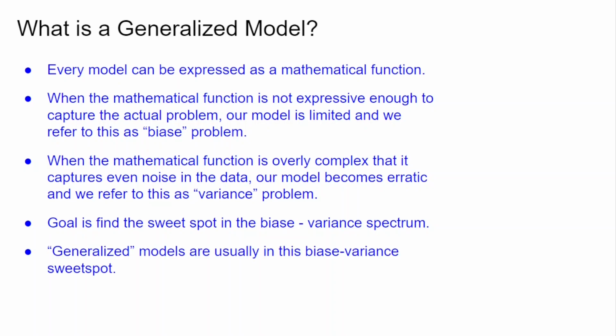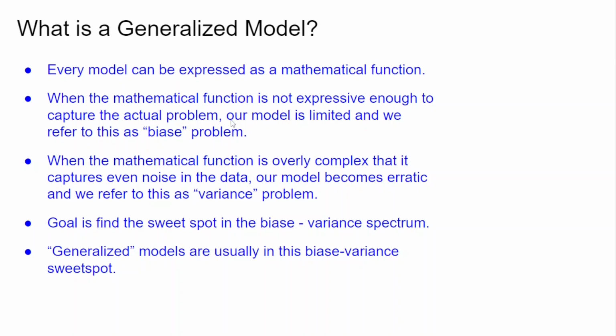When we say generalized models, what they really mean is that, based on the various strategies we are going to discuss, we have found the sweet spot within the bias-variance spectrum so that they behave stably. Their variance is not causing erratic or overly complex models, and at the same time they are intelligent enough, not too limited.